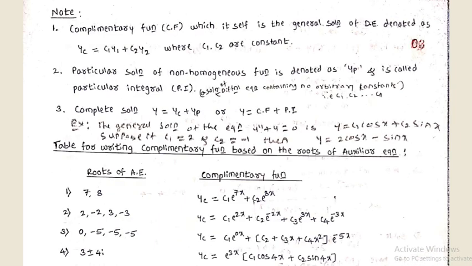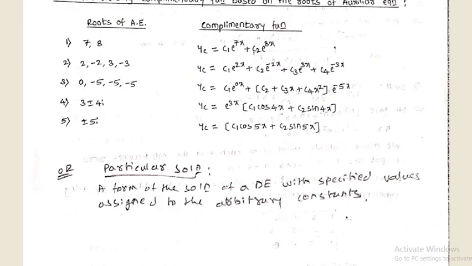So note here, the complementary function, denoted as CF, is itself the general solution of the differential equation, and is denoted as yc equal to c1 y1 plus c2 y2, where c1 and c2 are constants. Then the particular solution of the non-homogeneous equation is denoted as yp and is called the particular integral.